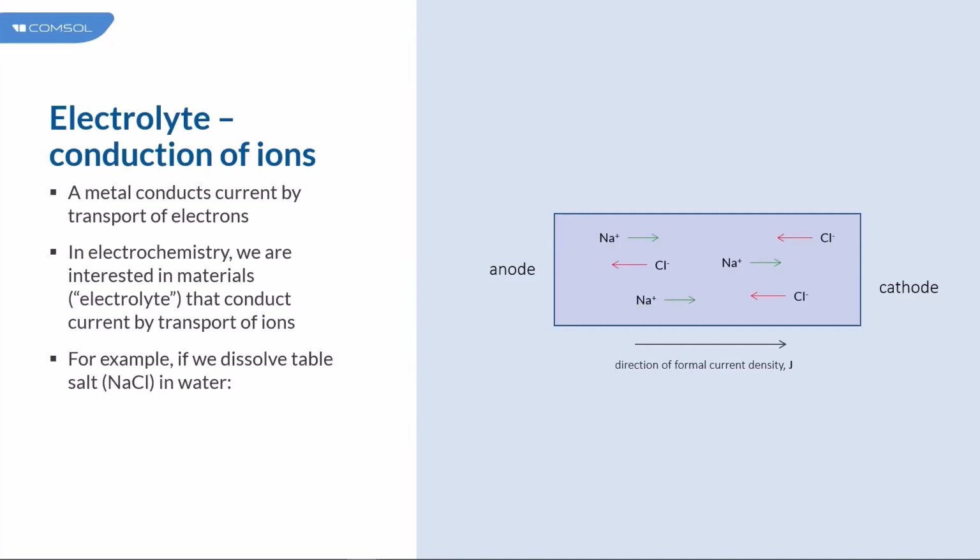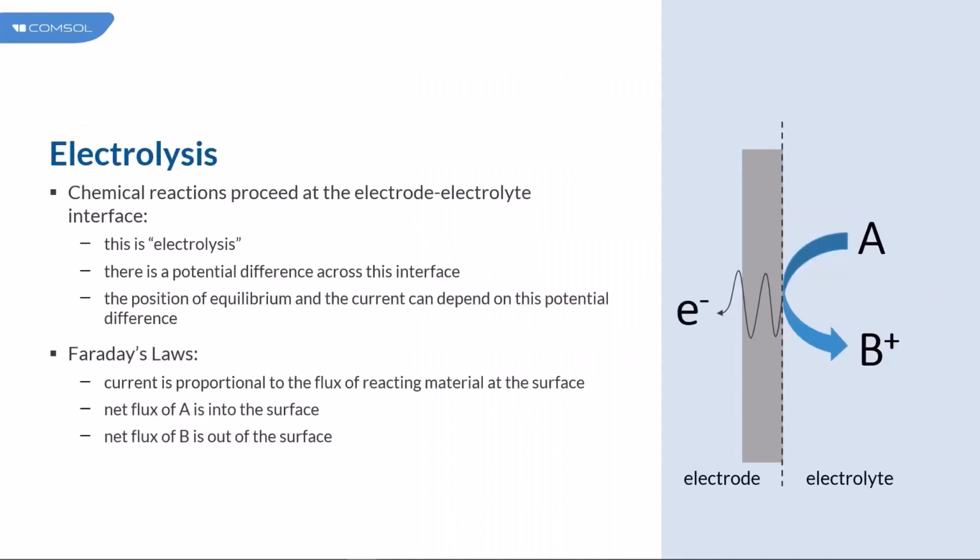The positive direction of current is chosen to be from anode to cathode. At the boundaries, the chemical reactions proceed at the electrolyte interface with electrolysis. Across this interface is a potential difference, and the position of equilibrium and the current exchange depend on this potential difference.